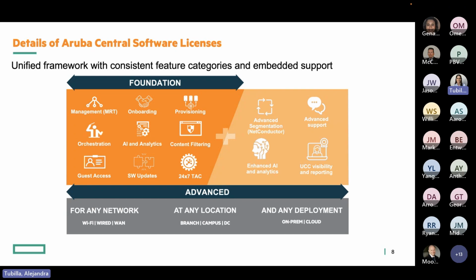That means access points, gateways, and even switches. It just depends on the type of switch, for example, the SKU for a license, but that's basically the way it works. One license per every networking device that we want to manage from the cloud.